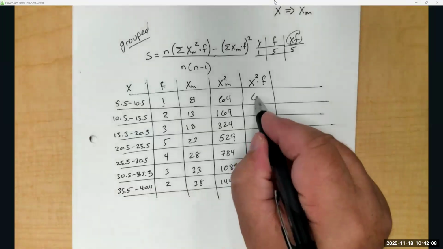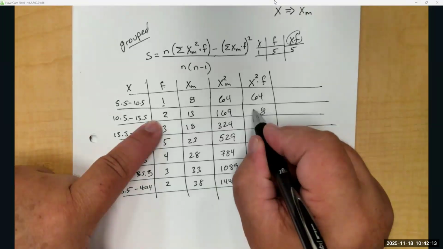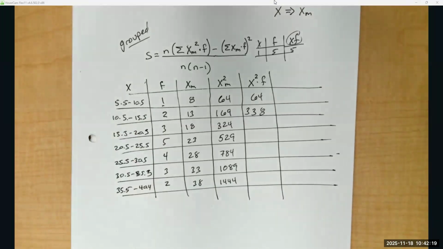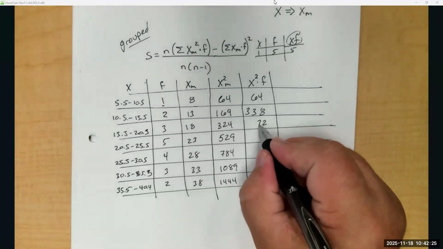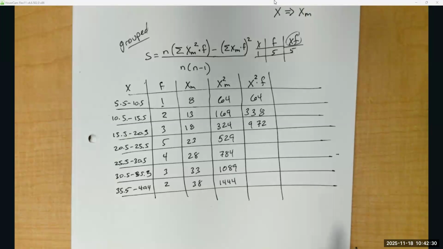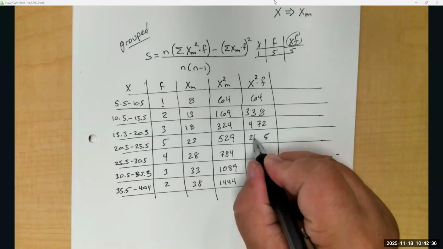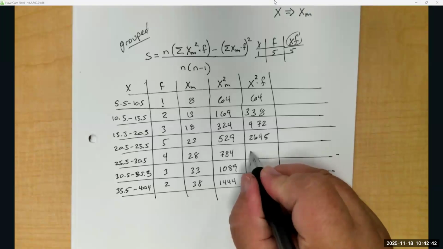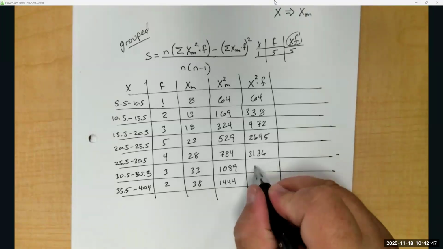1 times 64 is 64. 2 times 169 is 338. 3 times 324, 972. 5 times 529, 4 times 784, 3 times 1,089.